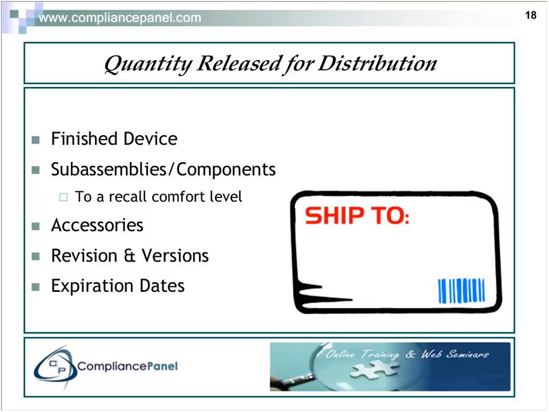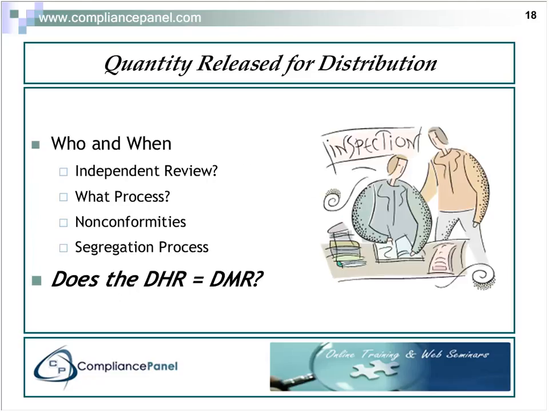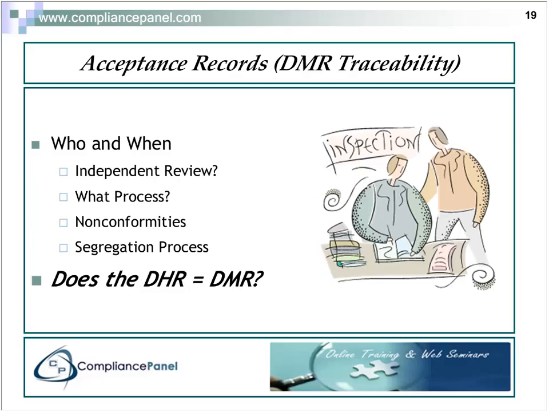Again, this is the same list, but for a different category. How many accessories were involved, the revision and versions, and any expiration dates. So all of this is included in your device history record, which goes back to your device master record. Acceptance records. This is where you get your DMR traceability.